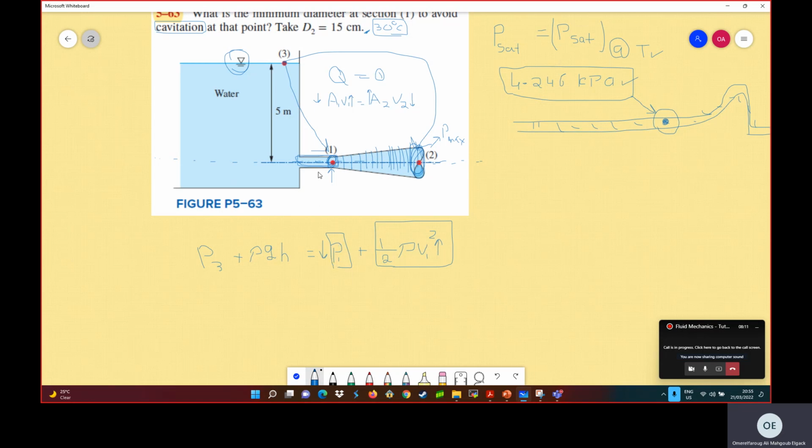So we can conclude that this section is where the pressure is lowest, because highest velocity, lower pressure. The pressure is lowest, and cavitation can occur at this section. Not necessarily point 1, any point here. Okay, so this is our first conclusion.